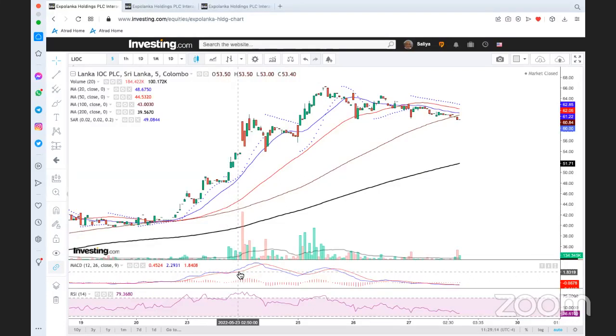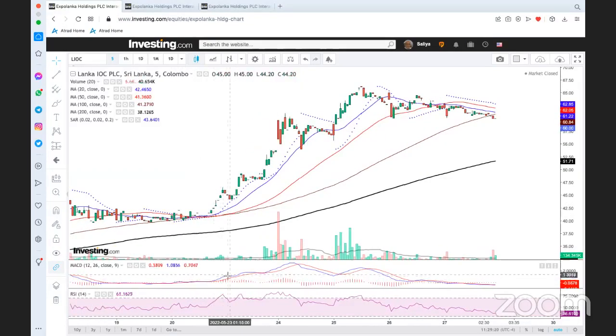Ideally, if we are patient enough to see this blue line crossing above the center line, that's very good, right? But of course, that does not necessarily mean that we cannot initiate a buy on the signal line crossover, meaning the MACD line crossing above the signal line. We can initiate a position there also, right?